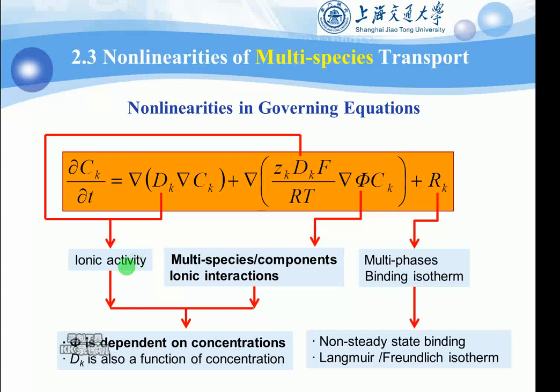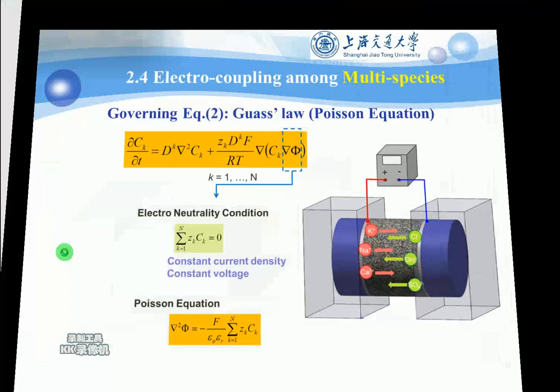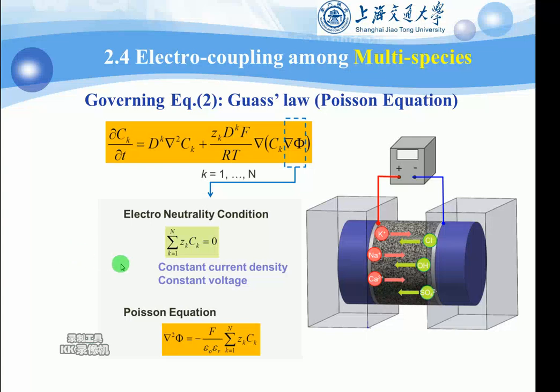Anyway, here I think the most important nonlinear term is this one, the electric potential. Because it is the term to determine the electrocoupling among different species of ions in concrete, which affects the chloride transport quite a lot.